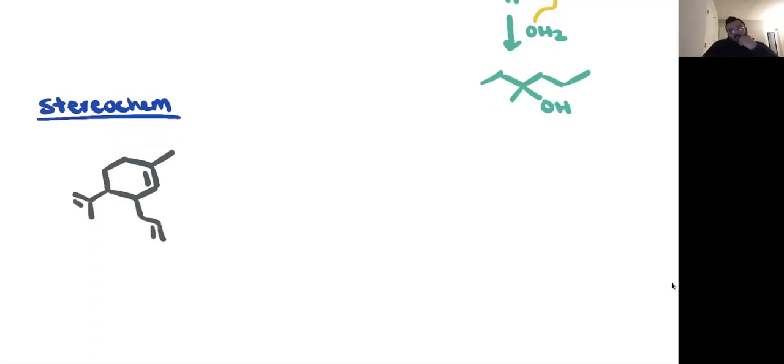So let's say I have a compound like this and I want to go and then react it with excess HBr, to produce some sort of a final product.